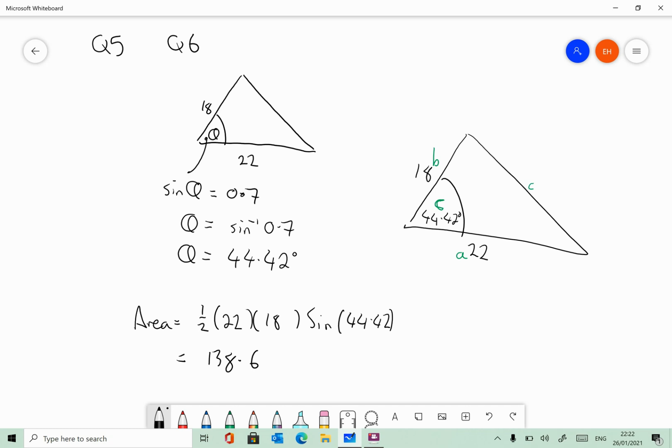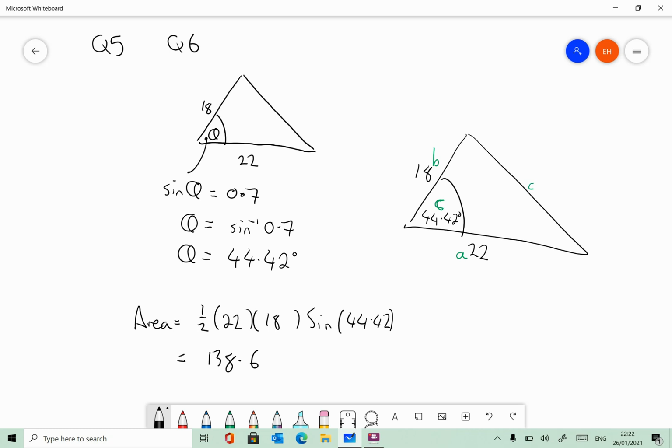So if I multiply 22 by 18 by 0.5 by 0.7, was it? I should get the same answer. Yeah, right. So that's how we do that question.